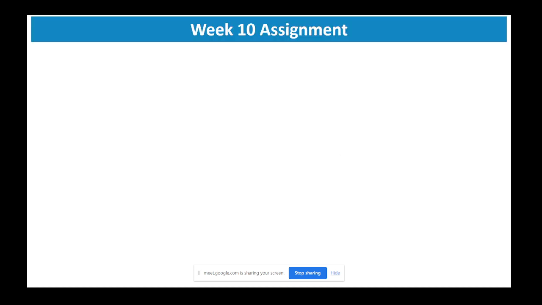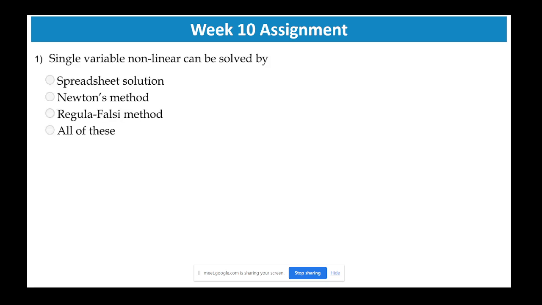So now in the assignment of this week, we will implement all the formulas and we will try to solve various questions. So let's start with the assignment. Question 1. A single variable nonlinear equation can be solved by the following.